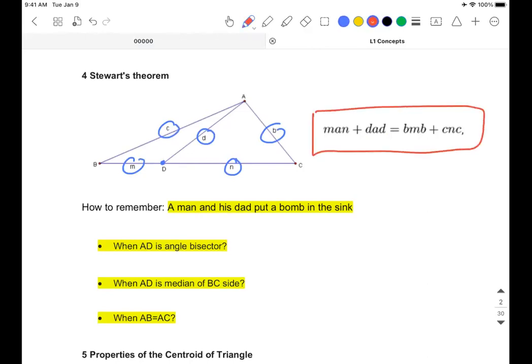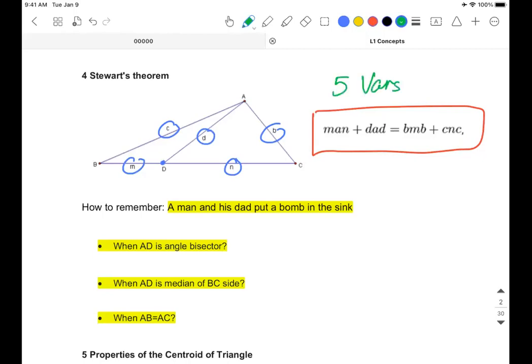M times A times N plus D times A times D equals B times M plus C times N, or something like it. This is a very important property. It reveals the basic property of any triangle. So now you have an equation with 5 variables.